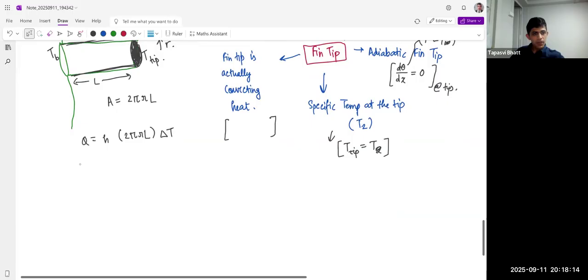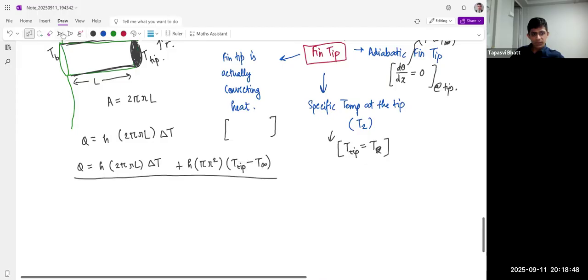Now, if the tip also becomes convecting, then we can say Q equals h times 2 pi r L times delta T, plus h times the area of the tip, which is pi r squared, times T tip minus T infinity.